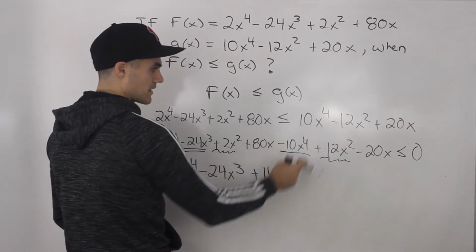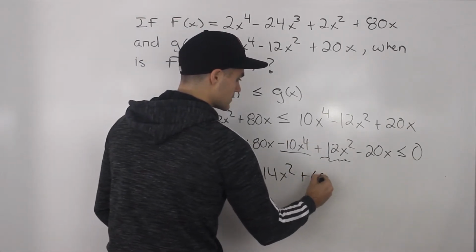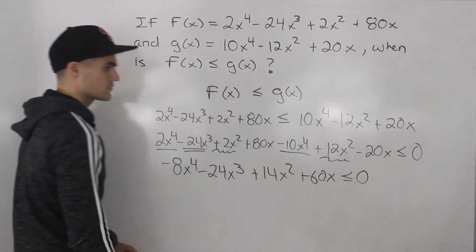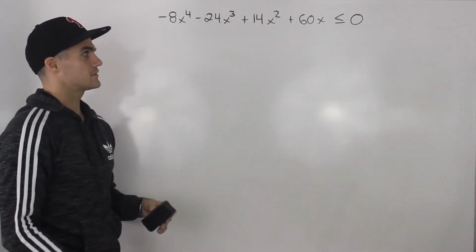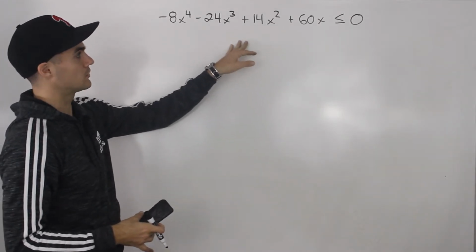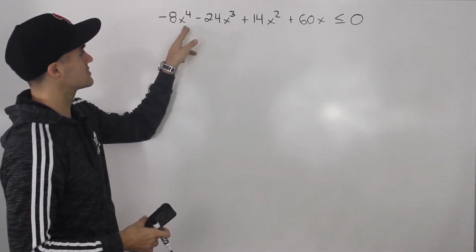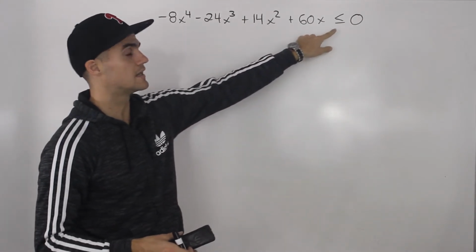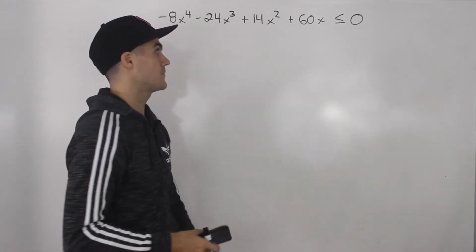And then 80x minus 20x becomes positive 60x. And we're finding when it is less than or equal to 0. So we basically took that problem and simplified it down to just a polynomial inequality. Negative 8x to the power 4 minus 24x cubed plus 14x squared plus 60x less than or equal to 0.